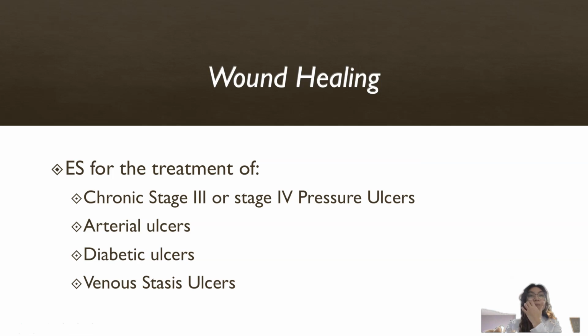Ayaw natin siya. Okay, so, saan natin magagamit yung ES for the treatment of what kind of wound healing, no? So, pwede daw siya for chronic stage 3 or stage 4 pressure ulcers, okay, arterial ulcers, diabetic ulcers, and venous ulcers.